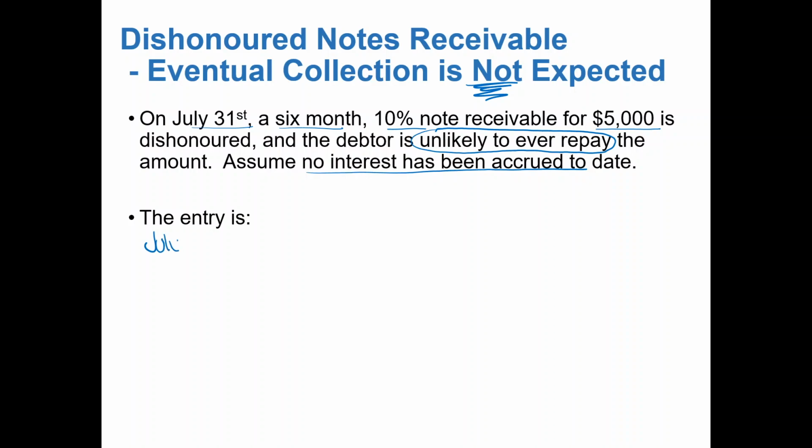So the entry on July 31st, when this note is dishonored, instead of moving it into AR, since in this case we now don't think we're going to collect it, we're just going to write it off. So we'll debit bad debt expense. So we're just completely getting rid of it, and we're going to credit the note receivable.